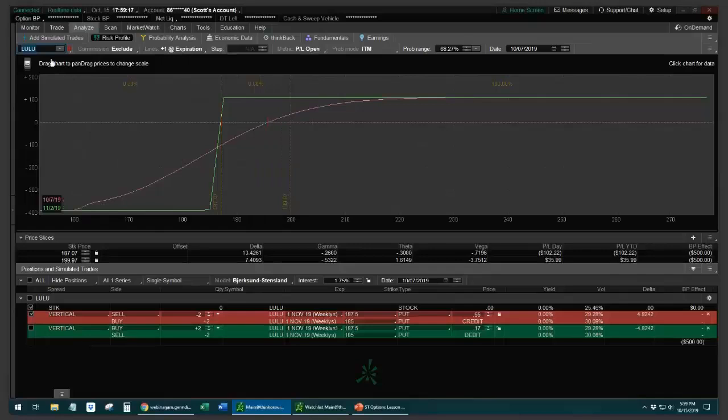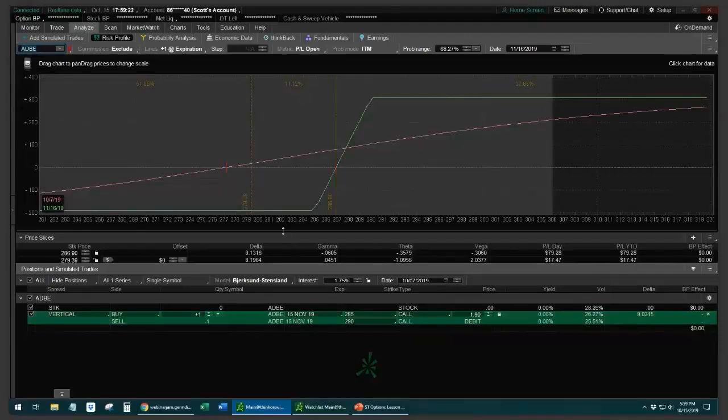Let's go back to Adobe. That Adobe trade. Okay. Now, we bought this a week ago. We're underwater right now. The value of this is not going to work if we don't have price movement higher. So let's say that the price moves in a week, moves to here.